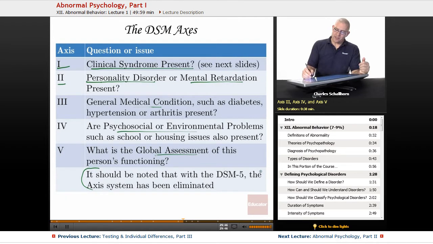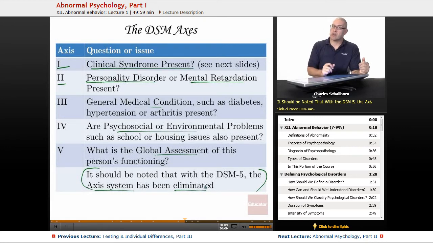The thing is, though, because of the way the AP tests are created, they probably have the next couple already in line, and the DSM-5 just came out. And so we probably won't worry about the fact that the axis system has been eliminated for a couple of years, in terms of the 2014 test and the 2015 test.